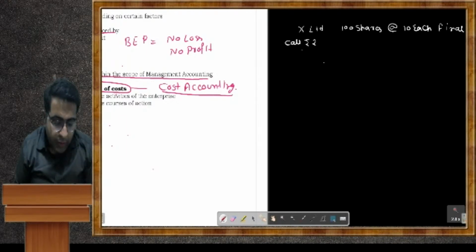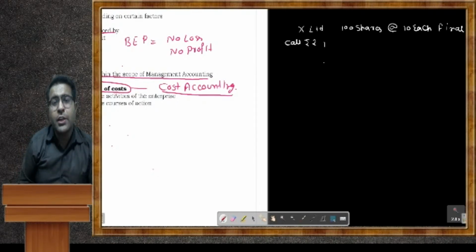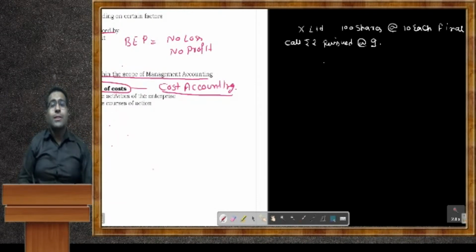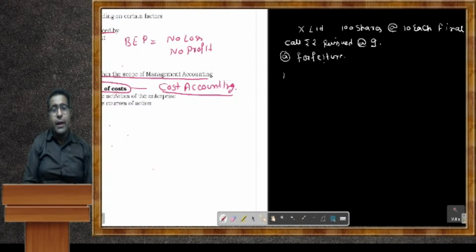And these were reissued at the rate of 9. Now the question is: how much money is in the forfeiture account and how much money is transferred to the capital reserve? Just look.